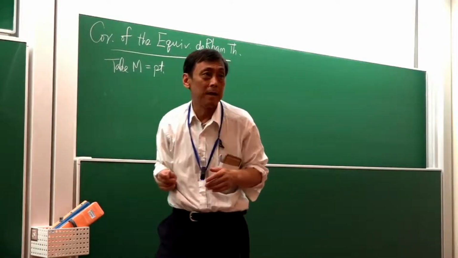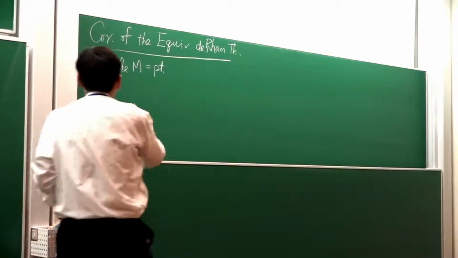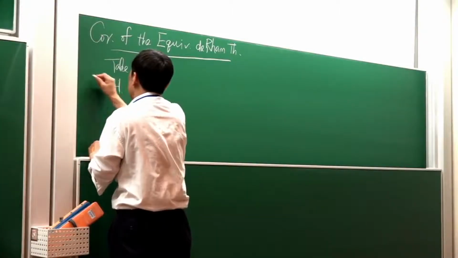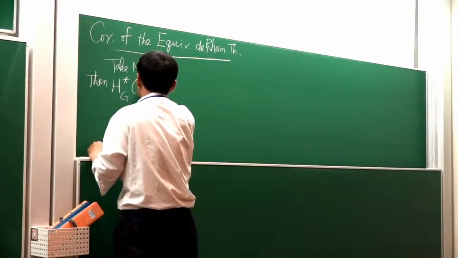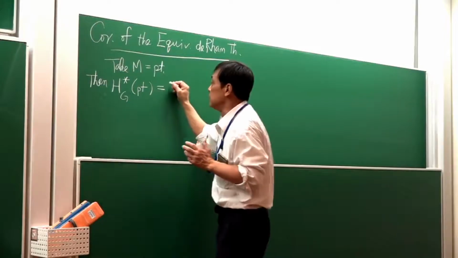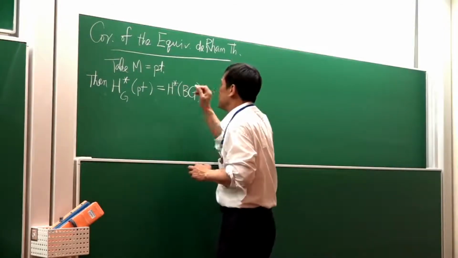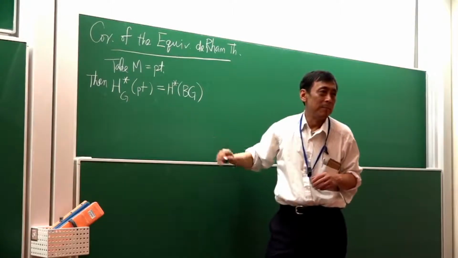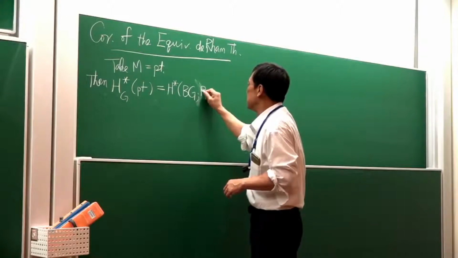Then the equivariant cohomology of M is the cohomology of the classifying space, BG, and we are looking at it with real coefficients.